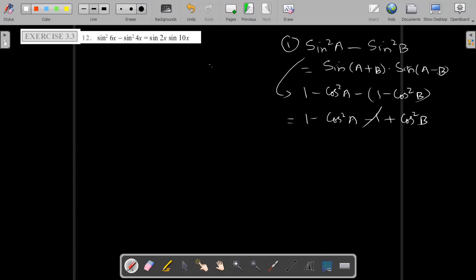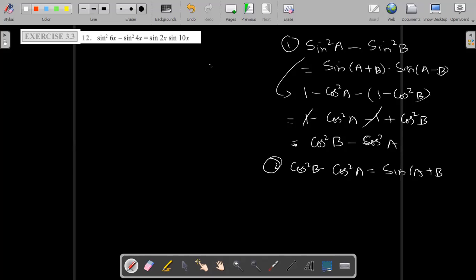So minus plus cancel, so cos square b minus cos square a. We got the second formula for cos also: cos square b minus cos square a can be written as sin(a plus b) into sin(a minus b).